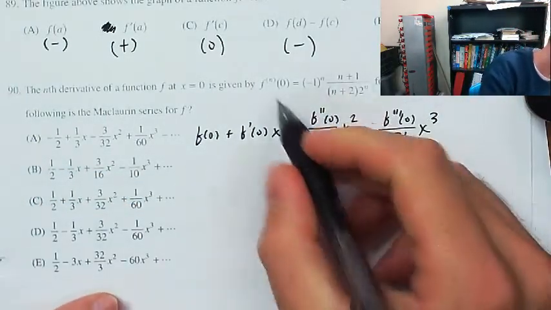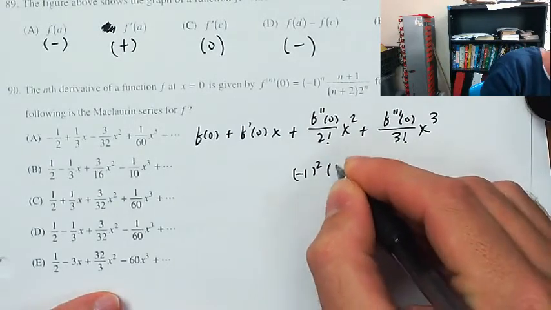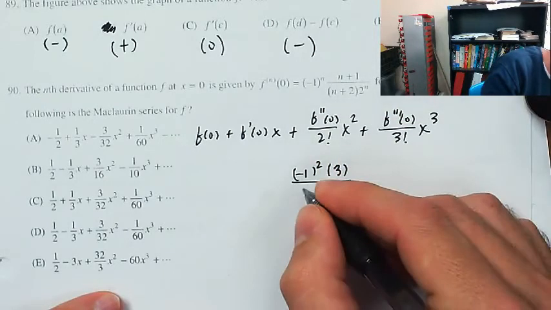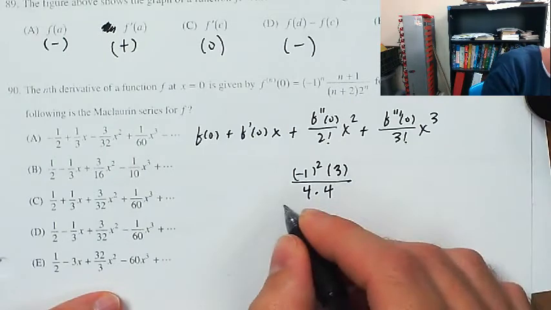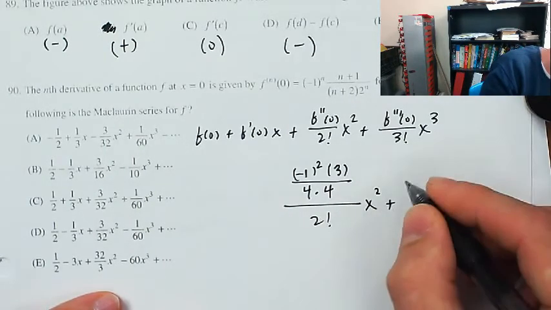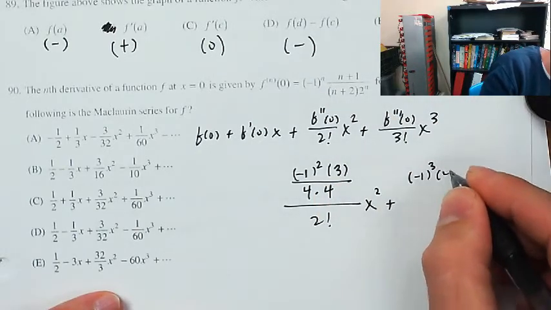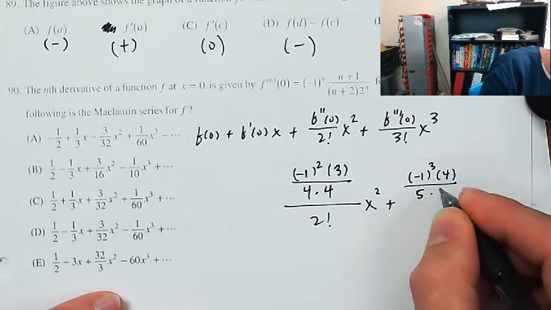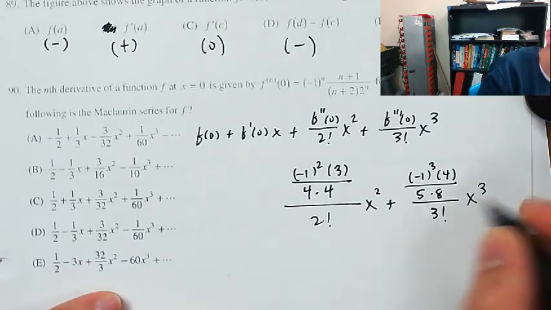So f double prime of 0 is n equals 2: negative 1 to the 2 times 2 plus 1 divided by 2 plus 2 times 2 to the 2. Then I'll have negative 1 to the 3 when n equals 3 times 4 divided by 3 plus 2 is 5 times 2 to the 3 is 8 by 3 factorial x to the 3.